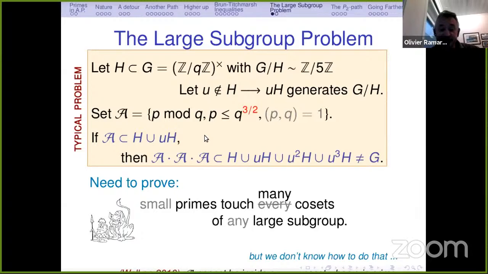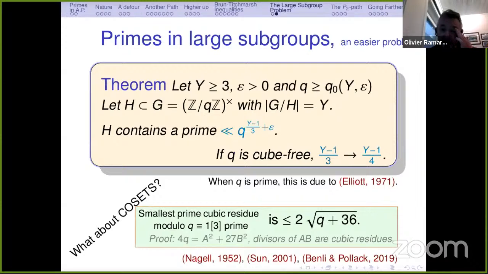And that's the large subgroup problem. What happens when A falls into a finite and small union of large index subgroups?